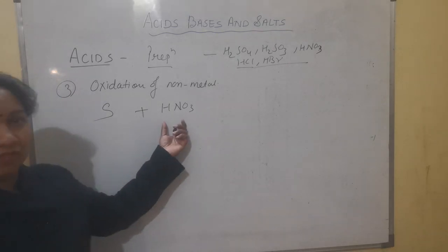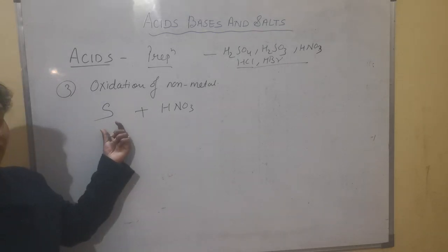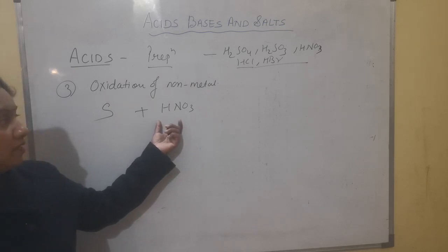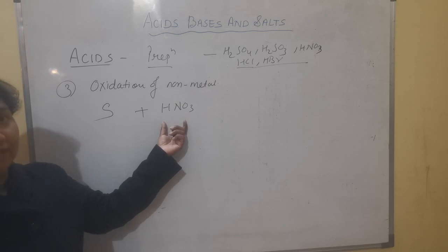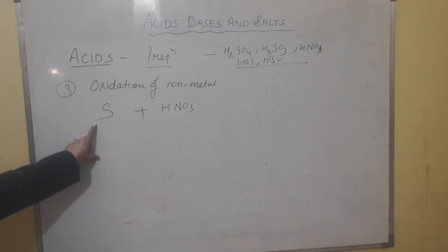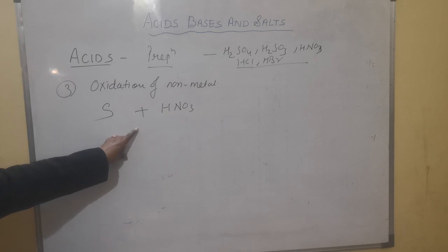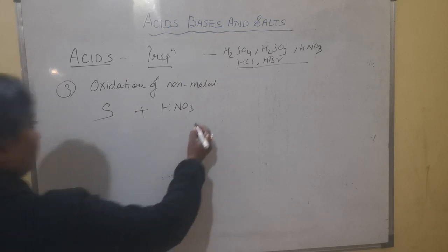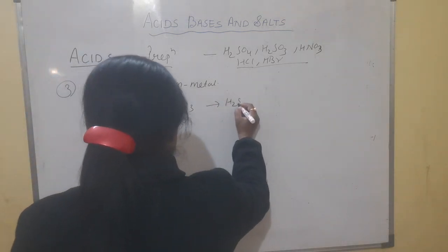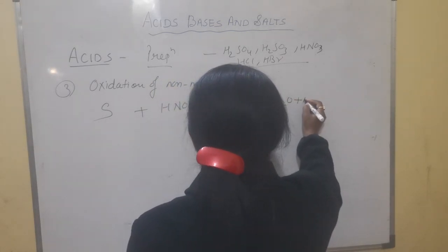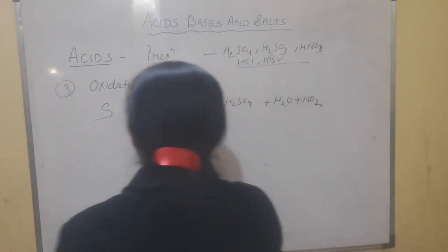It furnishes oxygen. Oxidation is the addition of oxygen. And so the oxygen that is needed in the oxidation process is going to be furnished by this nitric acid, because this nitric acid acts as an oxidizing agent. So we have taken a non-metal and an oxidizing agent, and then after the reaction, what you are going to get? Sulfuric acid plus water plus NO2.